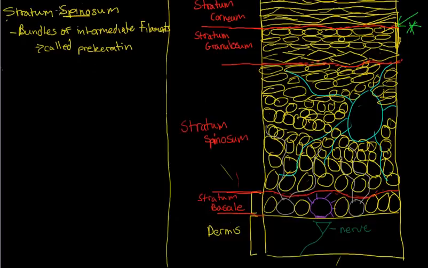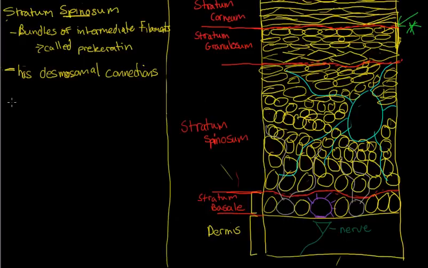Keratin is the intermediate filament that you learned earlier, part of the cytoskeleton. And I forgot to mention that the reason it gets that spiny look during preparation is because it's held together by many desmosomal connections, so it's going to be really strongly held together. That's what helps create that spiny look during preparation.